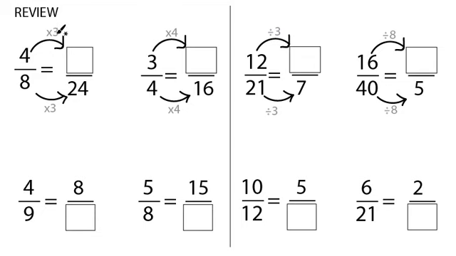That means here, if we multiply times 3, down we also multiply times 3. When it's division, if on the numerator you divide by 3, at the bottom denominator you also divide by 3.